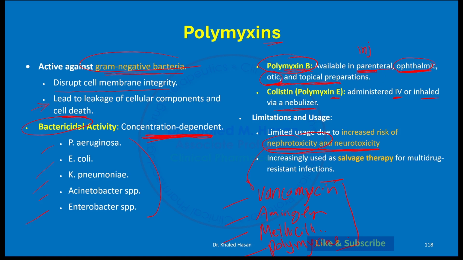Then we have colistin, polymyxin E, administered IV or inhaled via the nebulizer, but this medication may carry the risk of neurotoxicity and nephrotoxicity. For this reason, we prefer to use it as salvage therapy for multi-drug resistant infection.